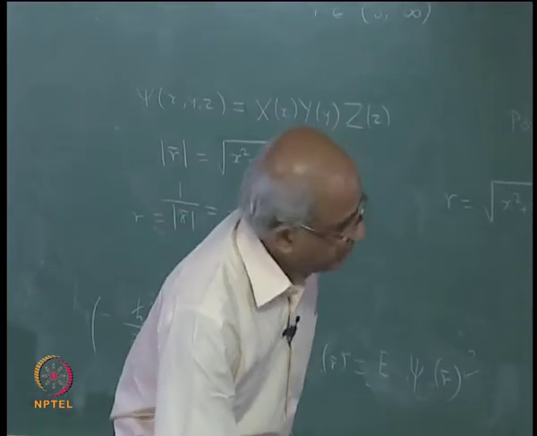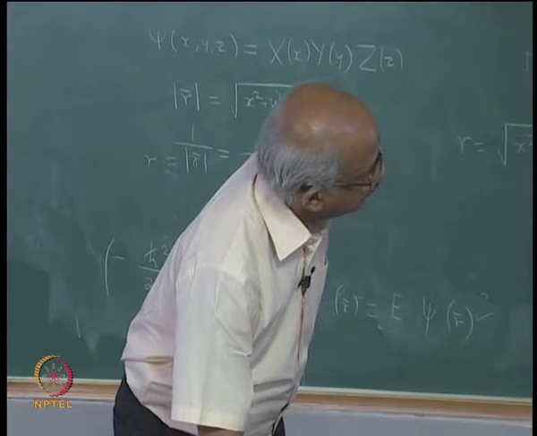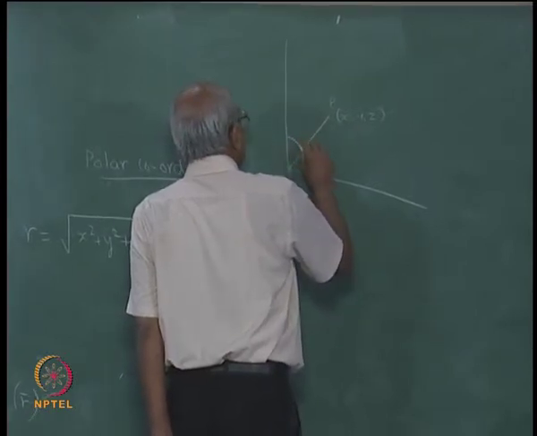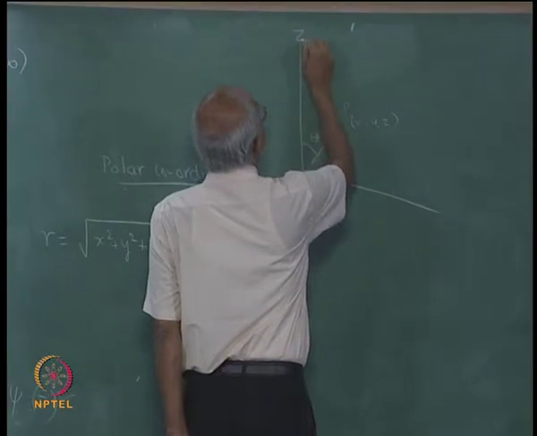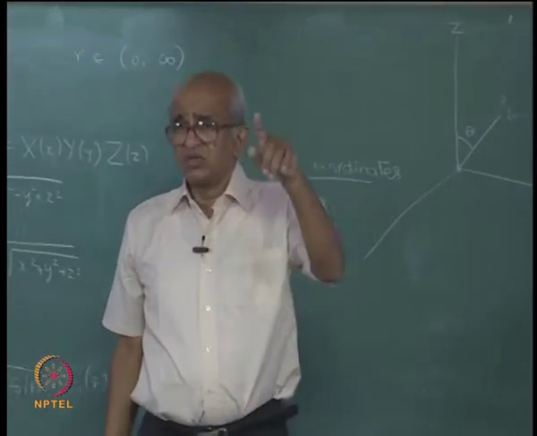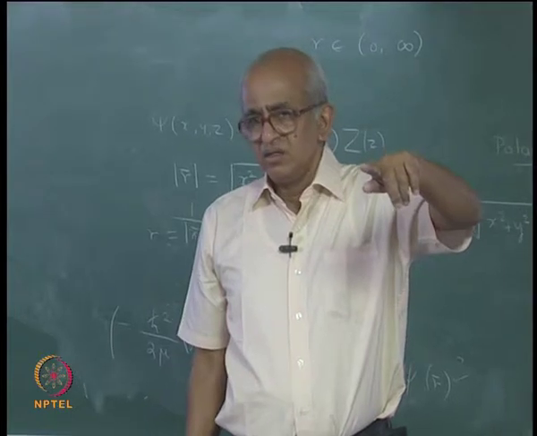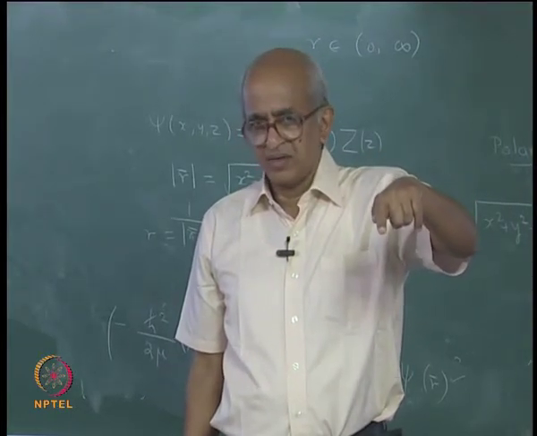One coordinate that you can use is this angle, the angle between the red line and the line that joins the origin to the point P. You can specify this angle theta, which is the angle between the positive direction of the z axis and the line that joins the origin to that point P, correct.